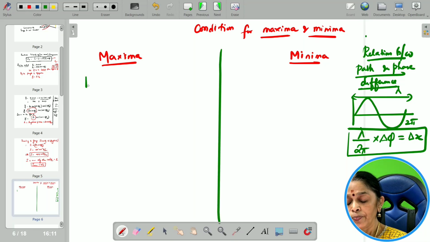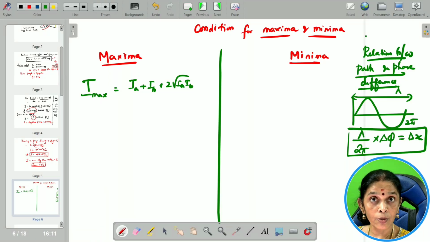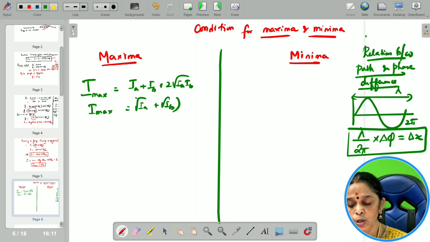Condition for maxima, let us see. We know that I max is equal to IA plus IB plus 2 into root of IA IB cos phi, where cos phi is equal to 1 for maxima. So therefore I max will be equal to square root of IA plus square root of IB the whole square. So this is equation 1.